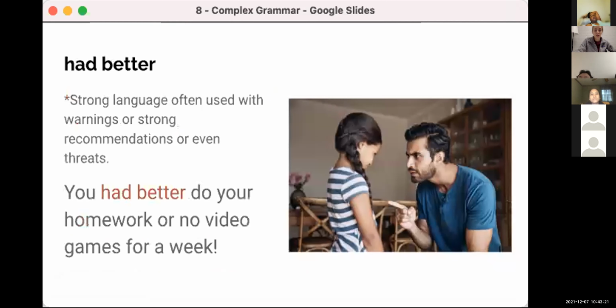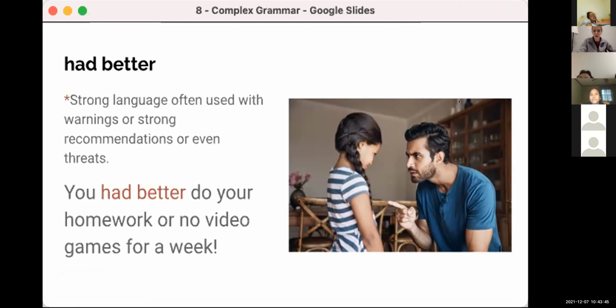Had better is used to give advice, but it's very strong advice. This is to say, you don't really have the choice, because if you don't listen to my advice, something bad is going to happen. We often use had better to give a warning or a strong recommendation, or even a threat.